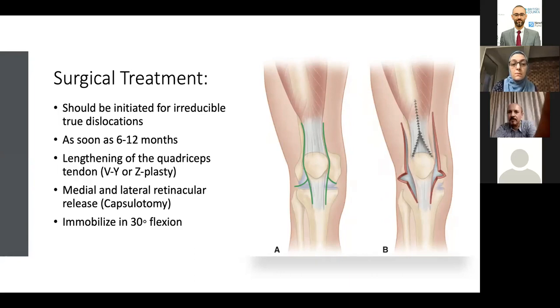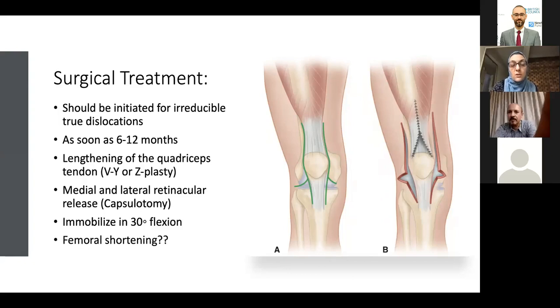Some colleagues and some authors use temporary K-wire fixation into the femoral intercondylar notch to prevent redislocation of the patella forwards. But, you know, as much as you can, try not to use hardware or intra-articular wires.